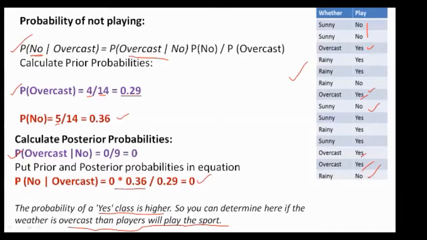Independently we have considered only one attribute, that is weather, and computed the probability for the yes condition and no condition, and from that we have decided the probability of the yes condition is higher than the no condition, so the player can play sport when the weather is overcast.